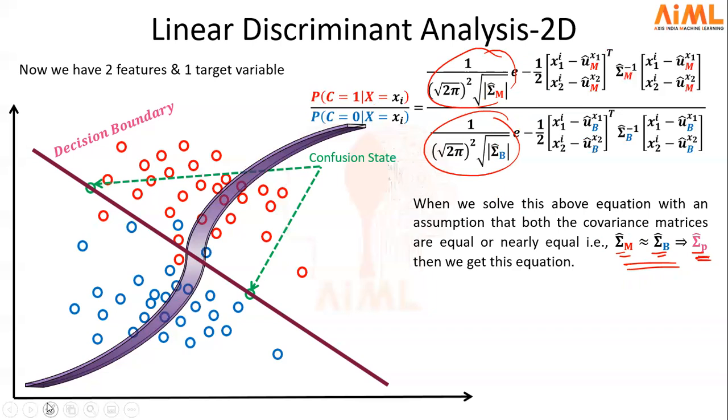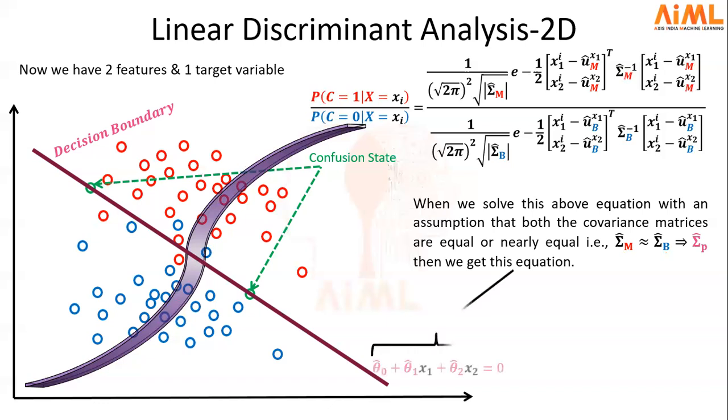And when we simplify them and solve this whole equation of ratios, we get to know, guys, that the equation of this decision boundary is going to be theta hat 0 plus theta hat 1 x1 plus theta hat 2 x2 equal to 0.